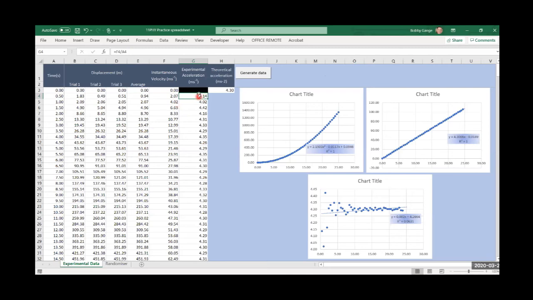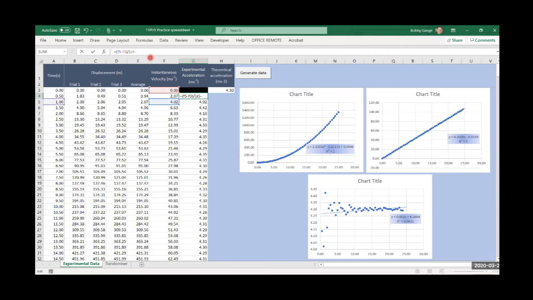So if I want to do it properly, what would be the new formula? F5 minus F3 over A5 minus A3.